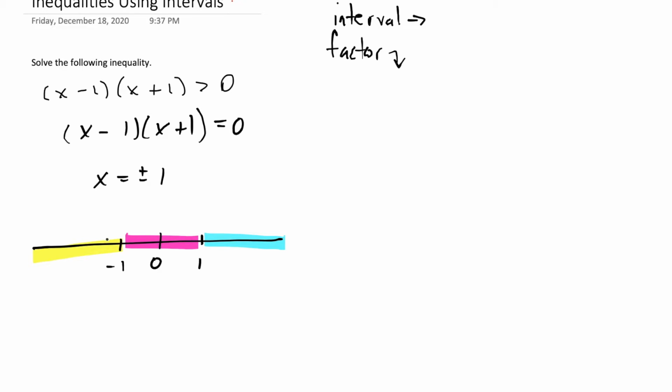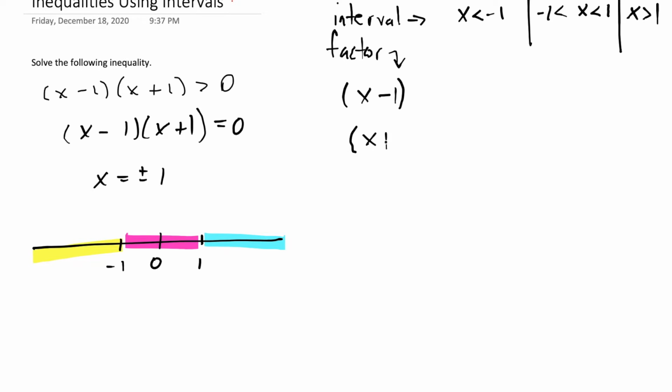So the intervals are x is less than negative 1, or x is between negative 1 and 1. And finally, x can be greater than 1. So the factors we're checking are x minus 1 and x plus 1. So I'm just going to clean my table up a little.